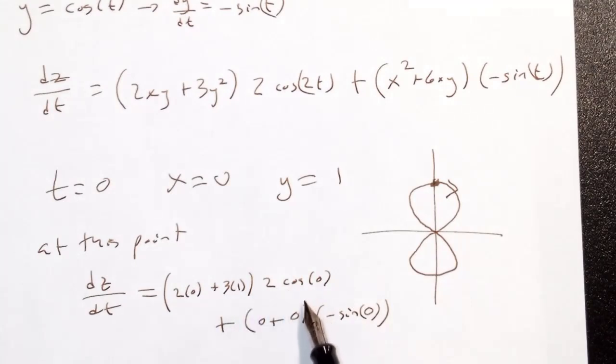What's cosine of 0? 1. So that's 3 times 2 times 1, that's 6. Plus 0 times anything is 0. I get 6. My slope is positive.